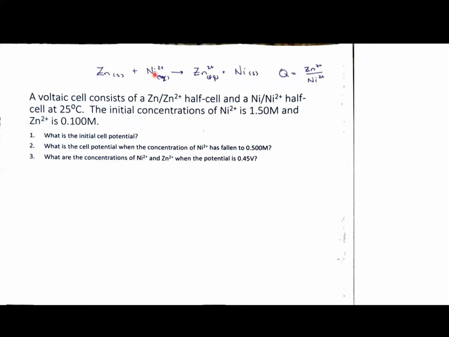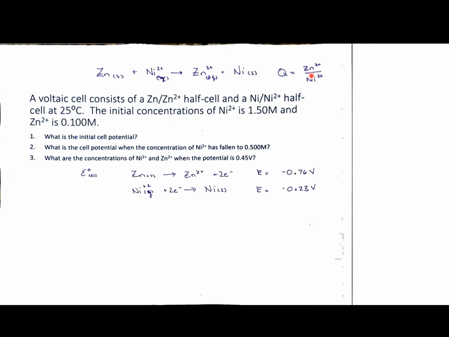So my Q is going to end up being my products over my reactants. Okay, oxidized over reduced. So I'll figure out my E cell here. This is my reduction potential for zinc, negative 0.76. This is my one for nickel, negative 0.23. This is my reduction. This is my oxidation. So it's this one minus that one.